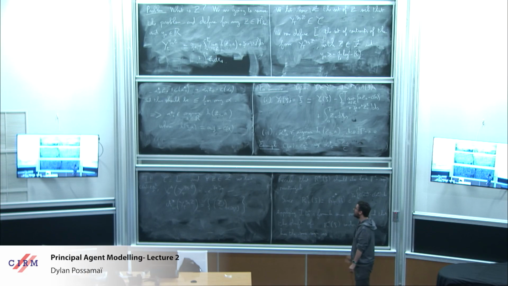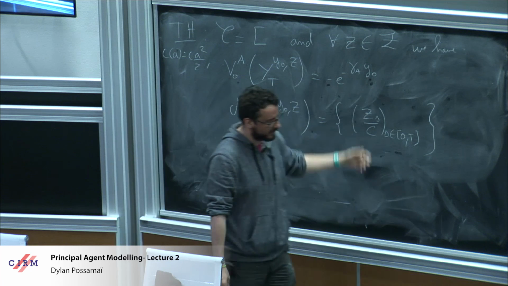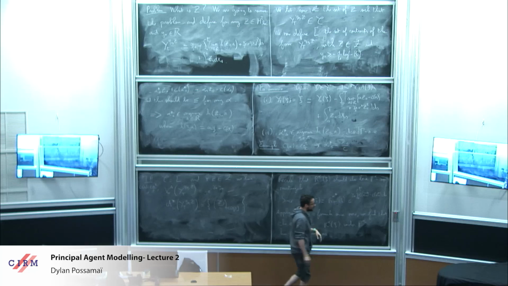There is only one optimal control associated here, and that's this one. I didn't want to write the general case because in general, if there are potentially several maximizers, then the optimal ones are any nice measurable selection of the argmax evaluated along Z. So it's much easier when there is only one.